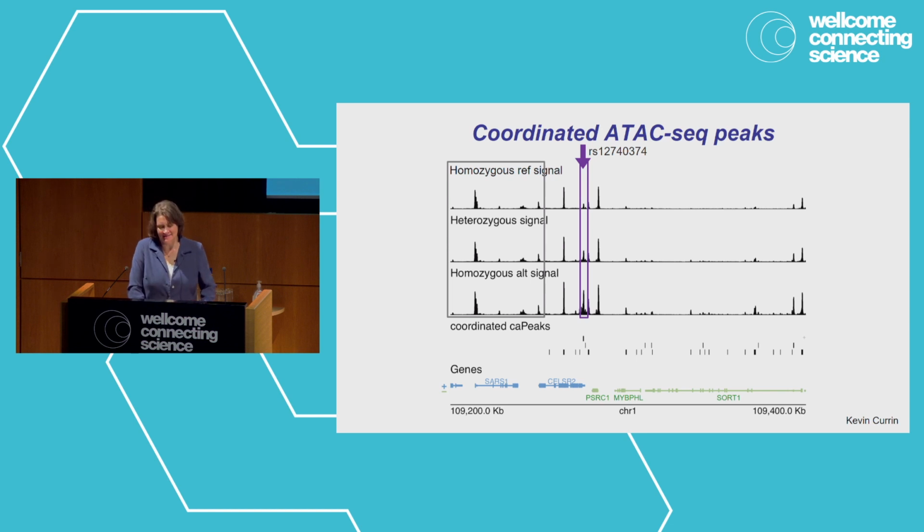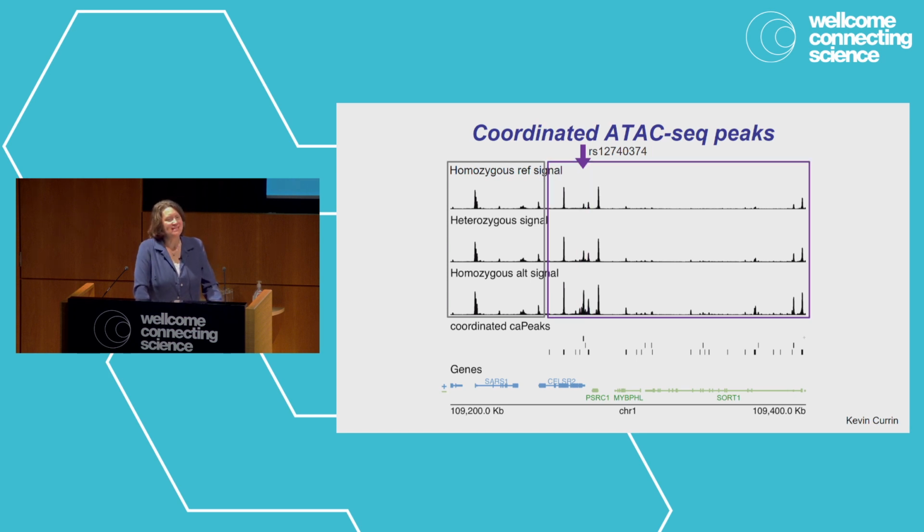This is the variant that has been associated with LDL cholesterol levels, and has been implicated through many different analyses at the variant, the gene, and the organism level to be playing a role in LDL cholesterol through its action on the SORT1 gene. If you look at all of the peaks in this region, you can see the same sort of coordinated effect on the association.